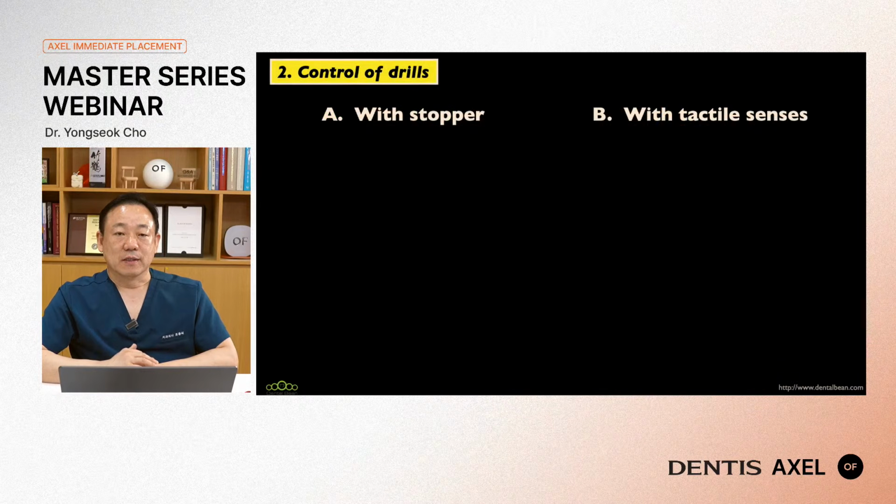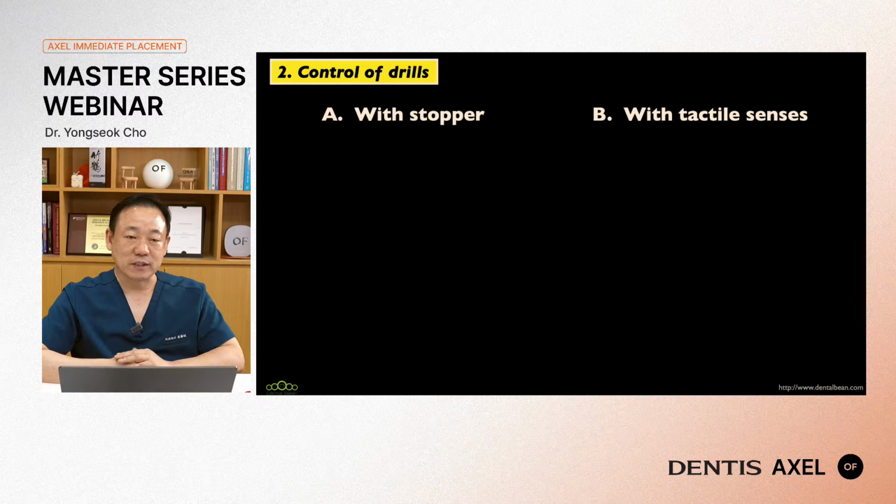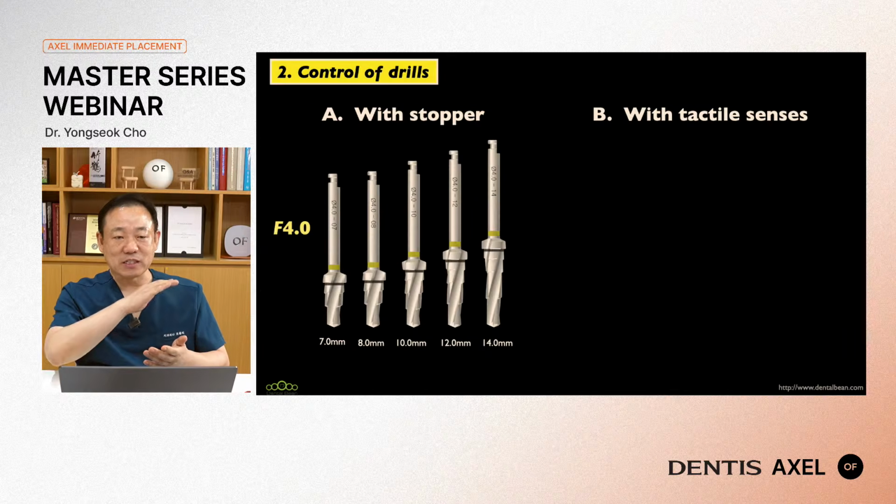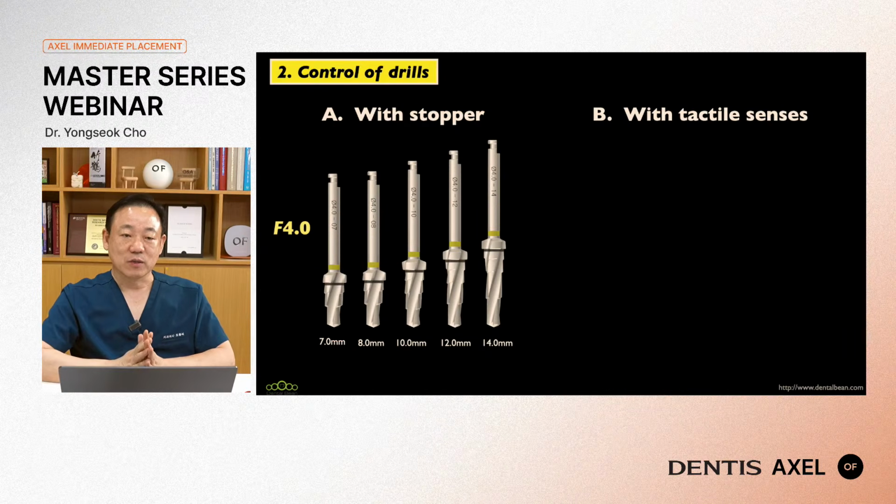Second, control of drills. During the osteotomy, we have 2 techniques to control drill depth. One is with a stopper, another is with tactile sense. When it is a healed site or a very strong septum exists, we can control the depth of the drill using a drill stopper.